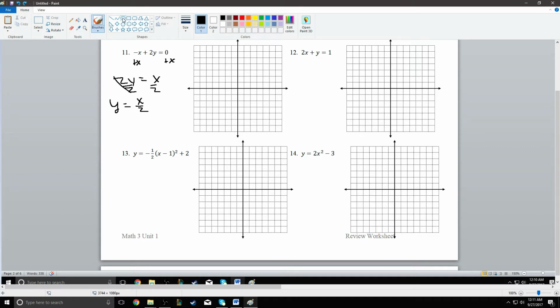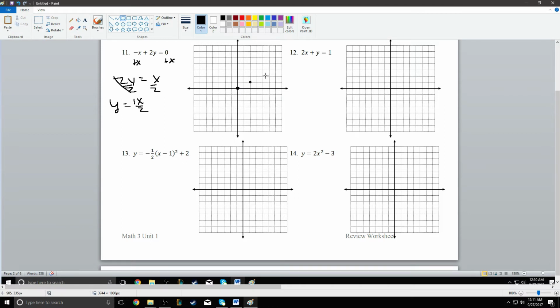Right there. That's our first point. So this slope right here, it's rise over run. It's rise of 1 over 2. So you're going to go rise 1 over 2, put a dot.